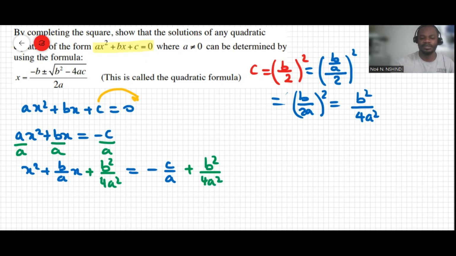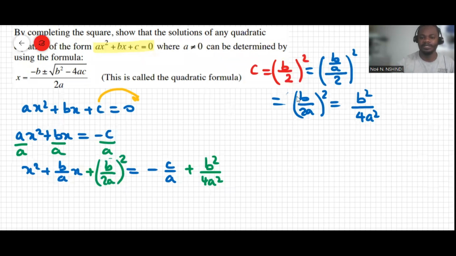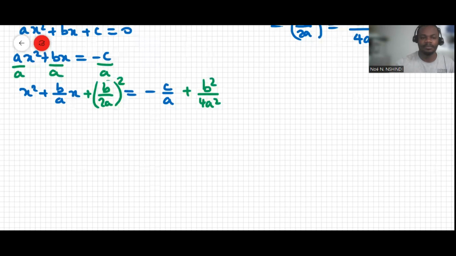Now, this side I prefer to write this way: b over 2a to the power of 2. Then I will take only the basis, to the power of 2, and then the sign of the middle term.